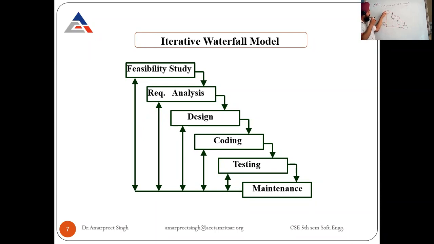And if we have made some changes in this phase, then the corresponding changes are to be made in this phase also, and then we come back to the phase from where we left. This is the main advantage of the iterative waterfall model, which removes the basic and foremost disadvantage of the classical waterfall model. Yes, next.